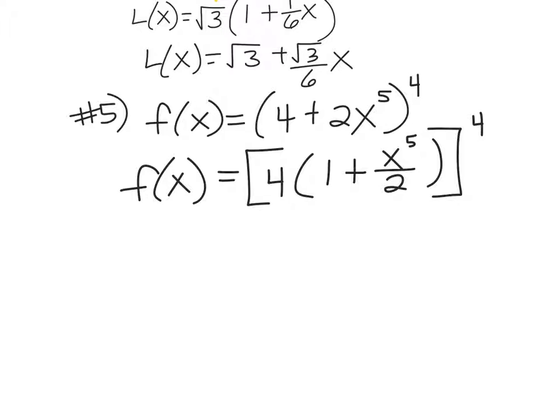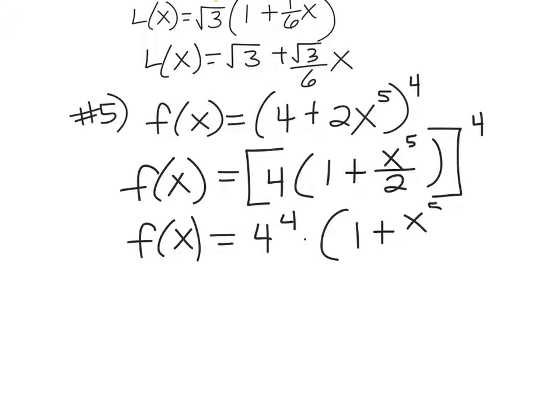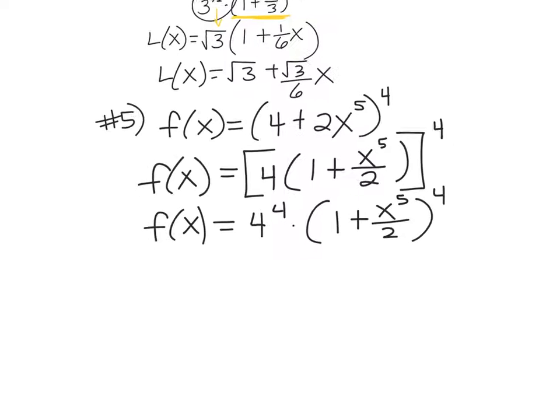All right, so then we can pull that 4 to the fourth out to the front, times 1 plus x to the fifth over 2, all of that to the fourth power. So you have to get it to look like this first. And now we can find the linearization.